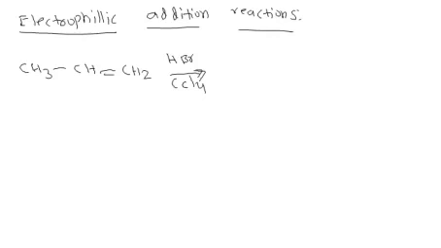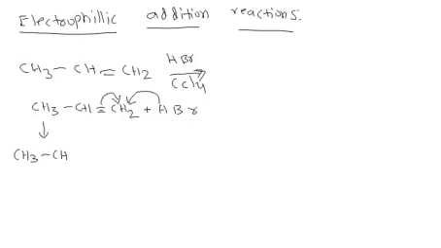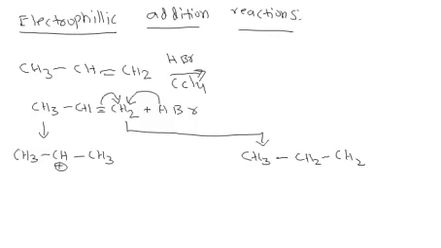For example, propene plus HBr: the double bond will shift onto the carbon and the hydrogen will attach to the other carbon, forming CH3-CH+-CH3, with the positive charge on the middle carbon. There is also one more possibility, where the positive charge is on the first carbon. The double bond shifts and the hydrogen attaches to the other carbon, so the positive charge will be on the first carbon.